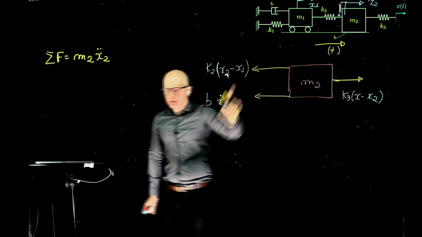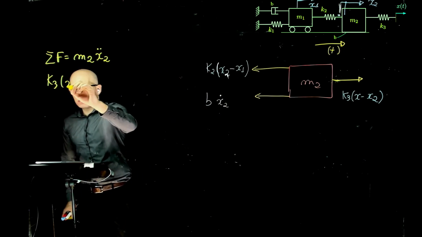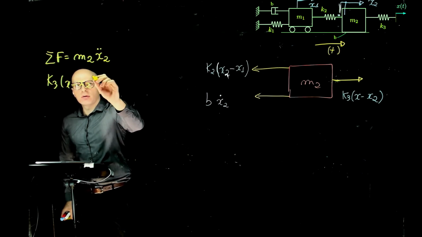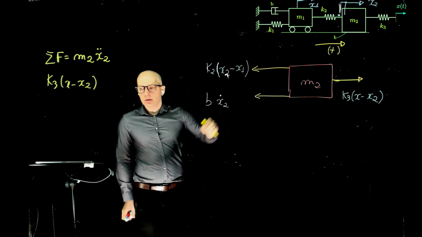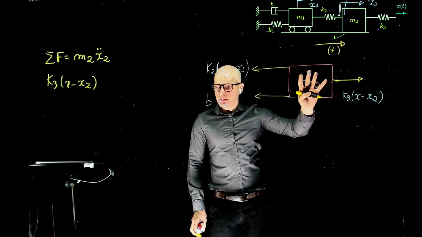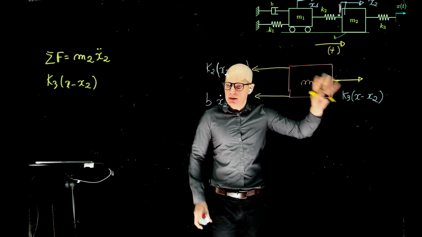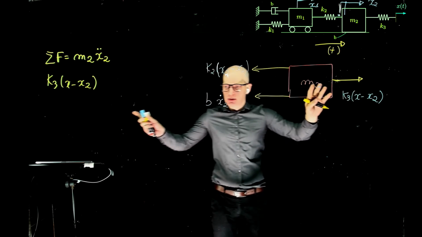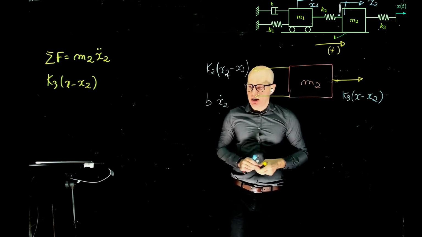Positive, negative, negative. May I ask why it is just b times x2 dot and not b times x2 dot minus x1 dot? Because we are only dealing with this element, right? The acceleration of each mass does not depend on the acceleration of the other mass. It only depends on the balance of forces acting on that specific mass.